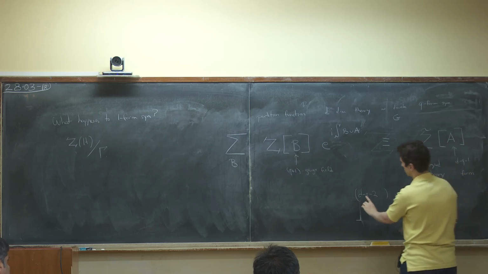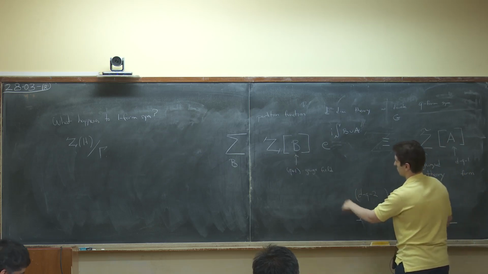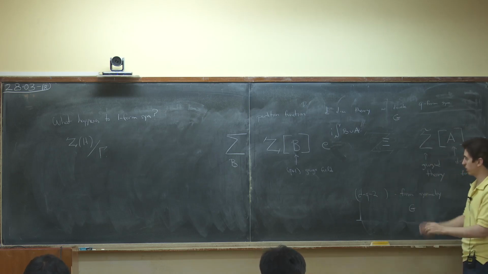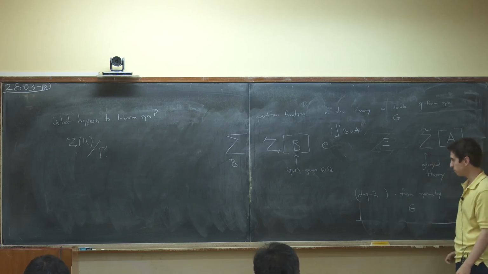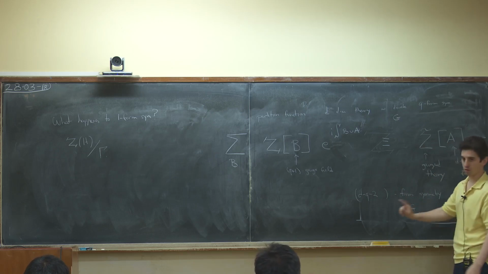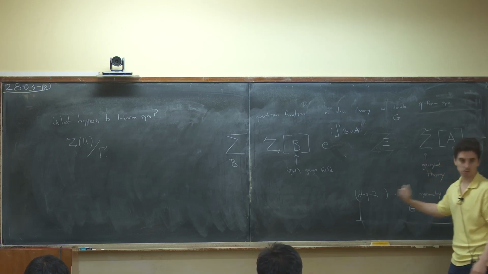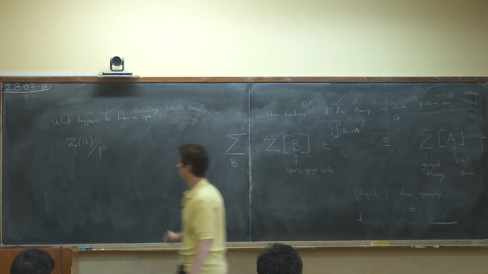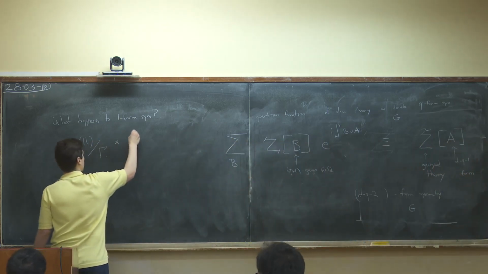But if you're above 2 dimensions, it depends on what you put in. So in 4 dimensions, if we start with a 1 form symmetry, we get back out a 1 form symmetry. So over here, we'll get a new 1 form symmetry.